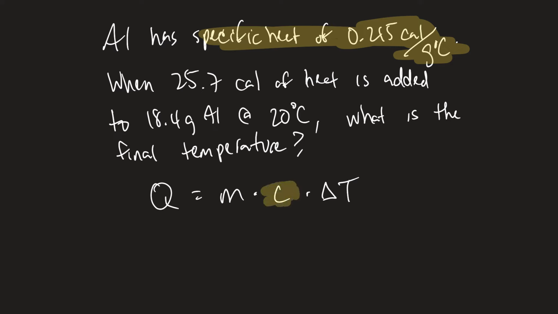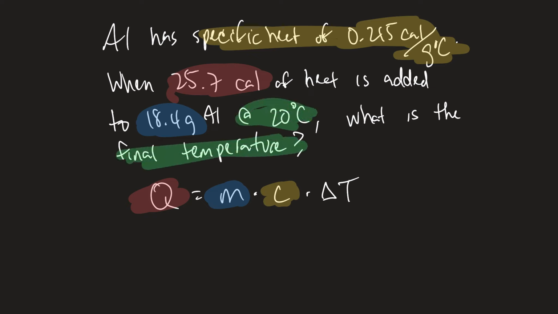So that's my C. I have energy because it ends with calories, so that's my Q. It tells me my mass, 18.4 grams. But then, if you notice, it tells me that I start this at 20 degrees Celsius. What's the final temperature? So that's delta T. We're going to have to substitute delta T to help us define the final temperature.